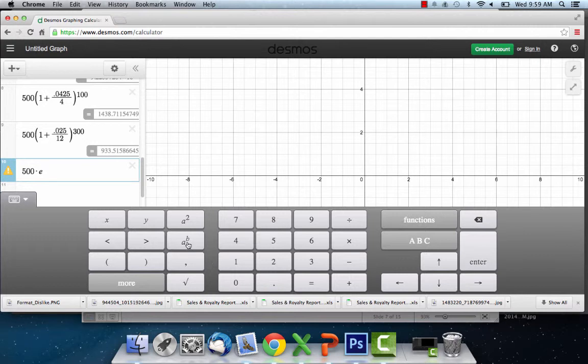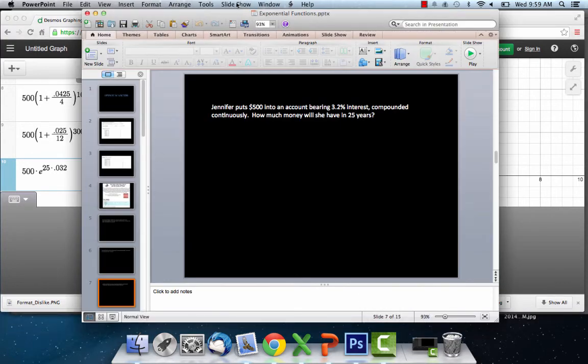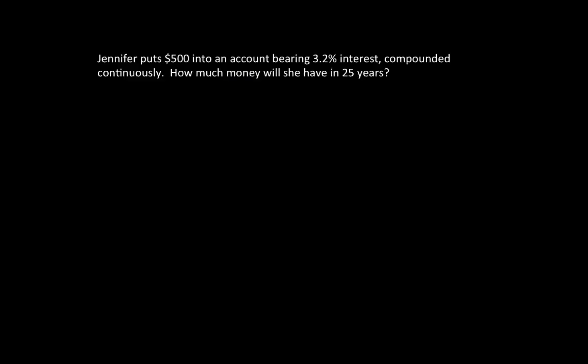I don't know how to make it do an exponent without typing, but I just typed the letter e right there, and it's going to know exactly what that is. 25 times 0.032. So she has 1112.77.